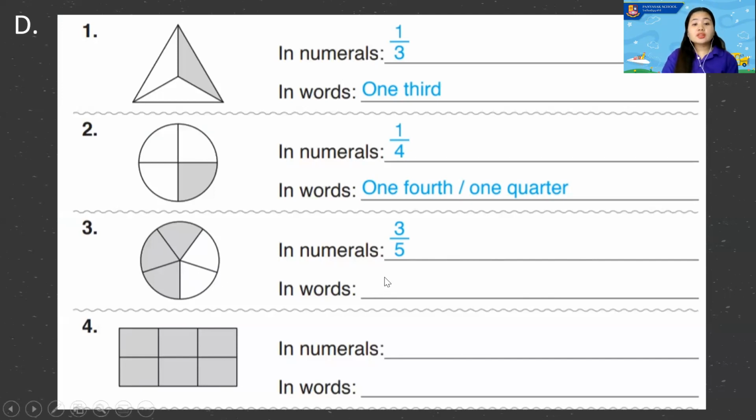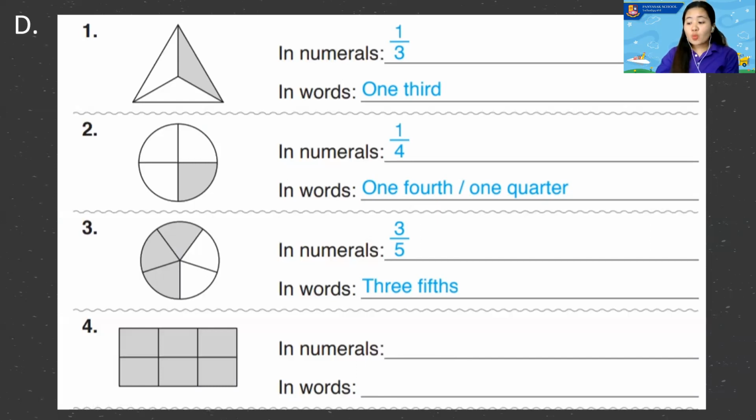You write three fifths. If it is 1, you don't have to write S, but here it is more than 1, so three fifths, with THS. That is very important when you write fractions in words.